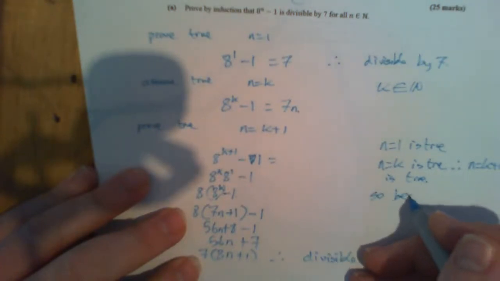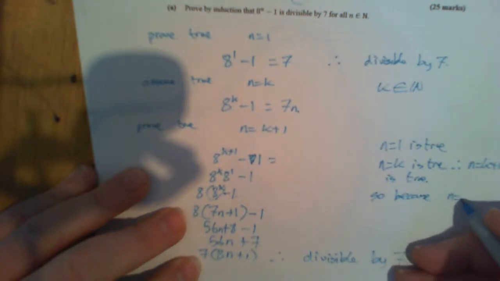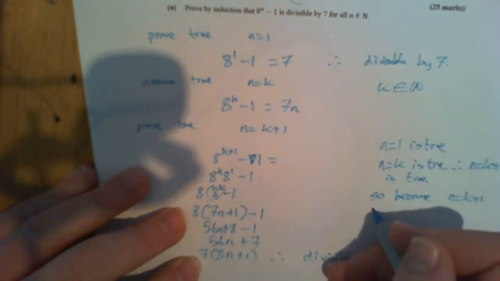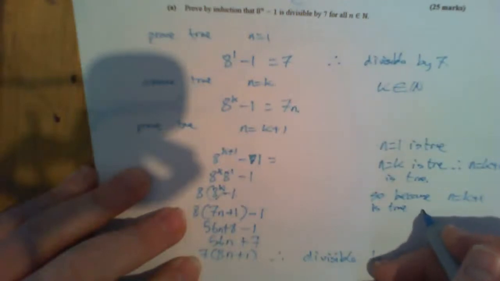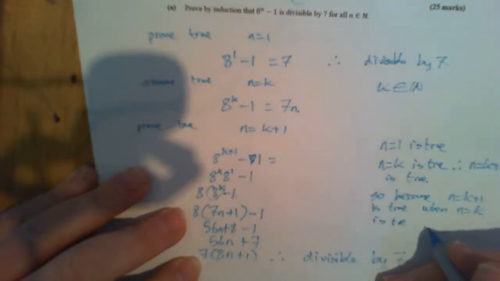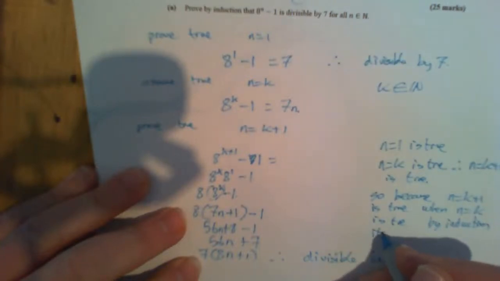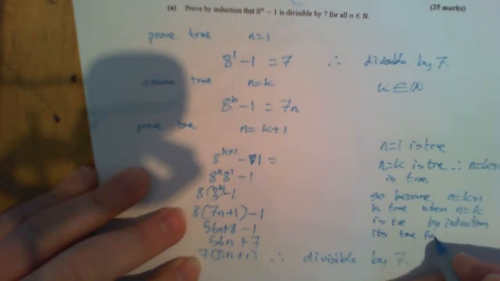So because n equal to k plus 1 is true when n equal to k is true, by induction, it's true for all n, for all natural numbers.